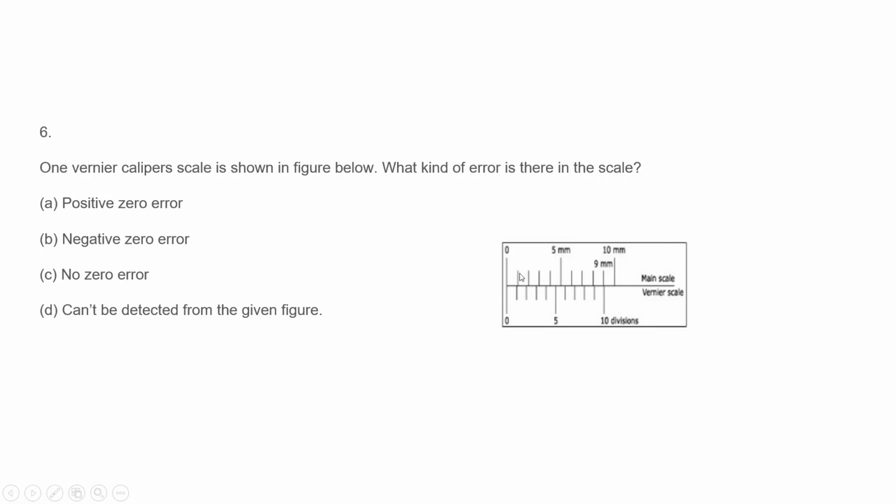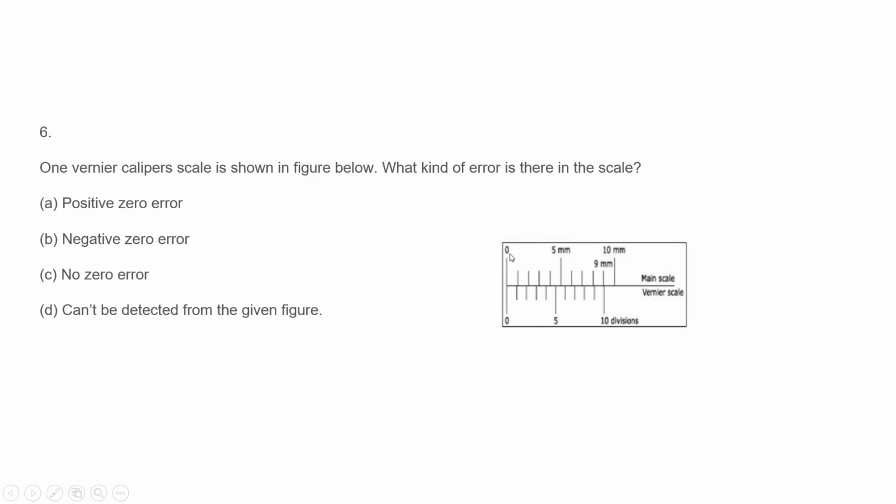Here it's mentioned that the top scale is the main scale, the bottom scale is the vernier scale. Now again we need, how we calculate the zero error is, we completely close the two jaws of the vernier caliper and check where the 0 of the main scale and the 0 of the vernier scale are respective to each other.